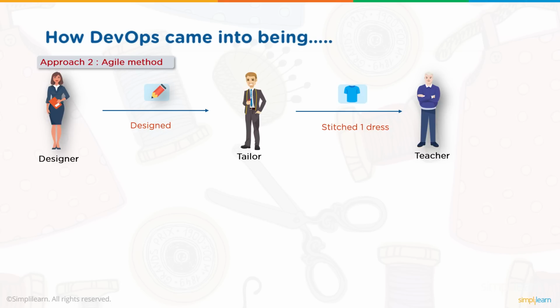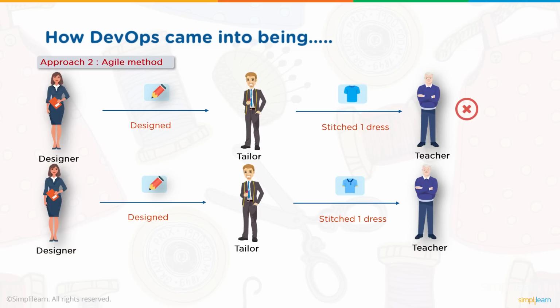So in this instance, the designer creates a dress, hands it to the tailor, and then instead of the tailor creating 200 dresses, he just creates one and hands it to the teacher for review. The teacher can then give immediate feedback, and then we go through the process again for another 2 weeks.